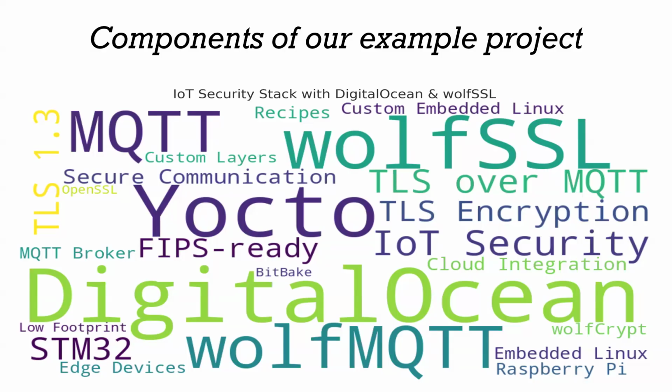That is what we are doing here. We are making use of MQTT. We are making use of TLS 1.3. It is secure OpenSSL. Also, it is FIPS ready because I am making use of FIPS 140-3. We are making use of DigitalOcean. So these are the different components of our example project.